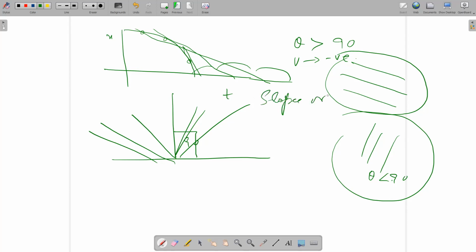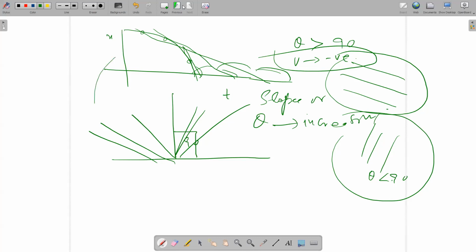Slope increasing. Theta is increasing because it is here, more. So slope is increasing, but negatively increasing. What will be the VT graph?